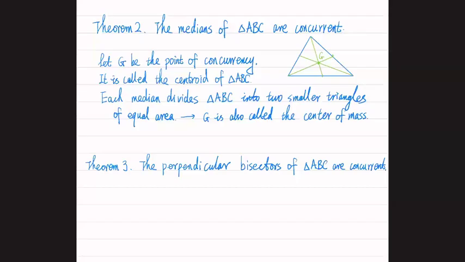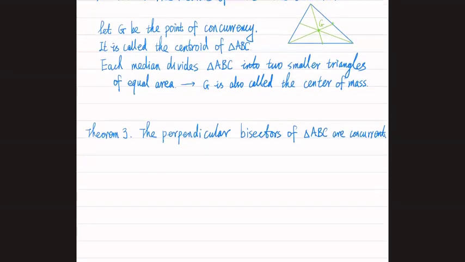The perpendicular bisectors of any triangle are concurrent. Moreover, we showed that the point of concurrency has equal distance to the 3 vertices.